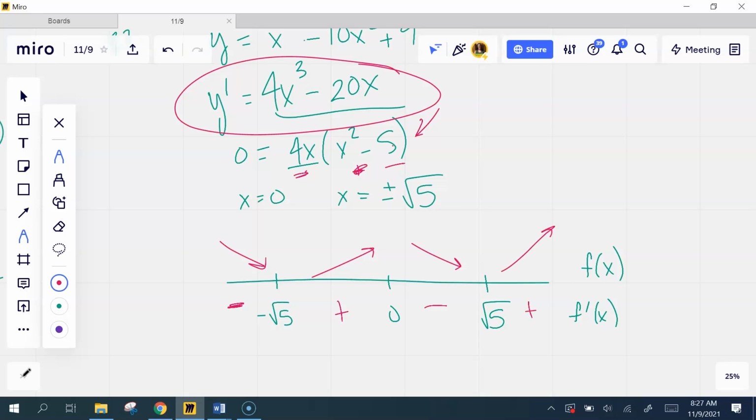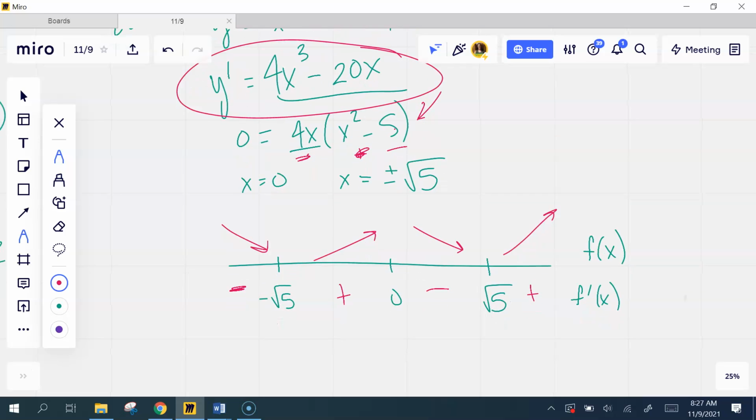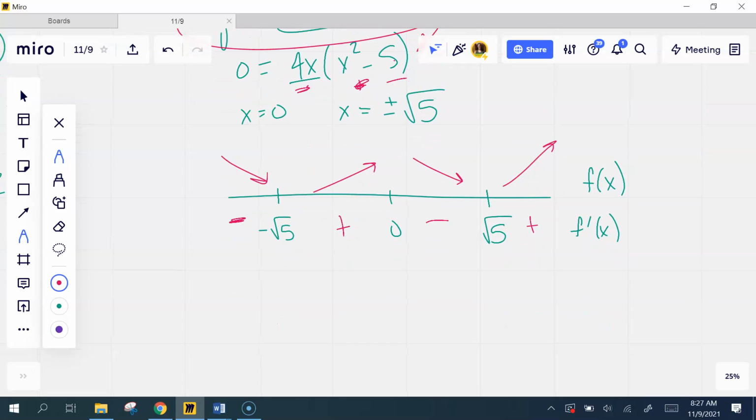You don't have to show where you plug that in, because what I have to do now is interpret my answer. It asked me for local extrema, so I don't even have to test these endpoints because it didn't say absolute. I only have to test points when it's asking for absolutes. Then I would have to check those points to see which one's lower on the graph.